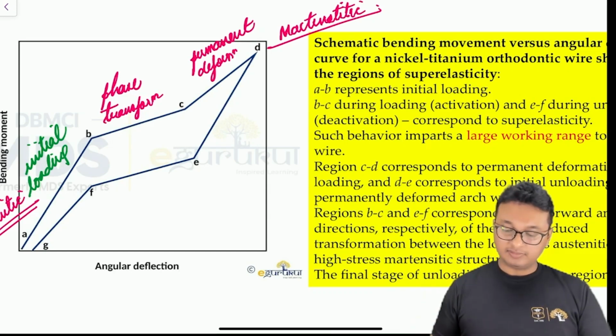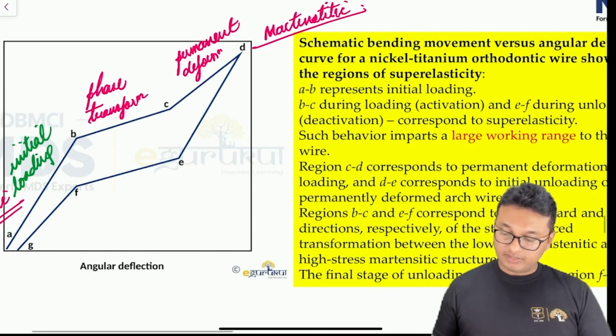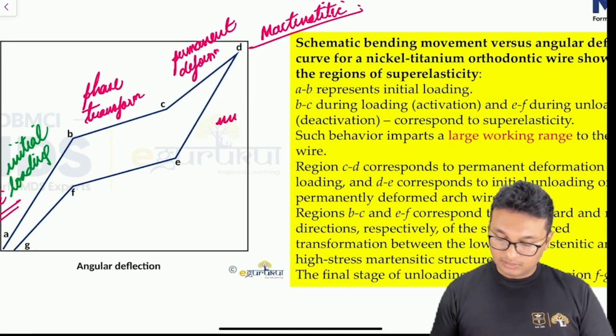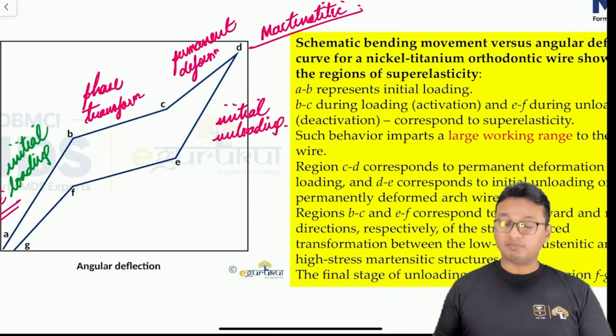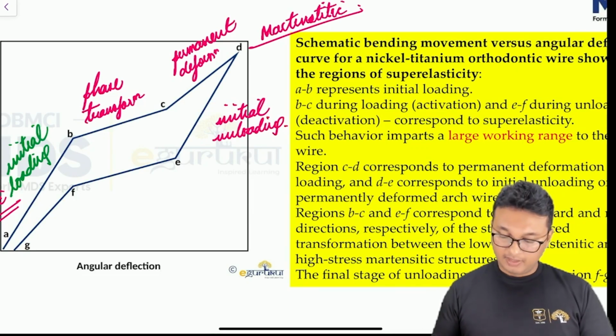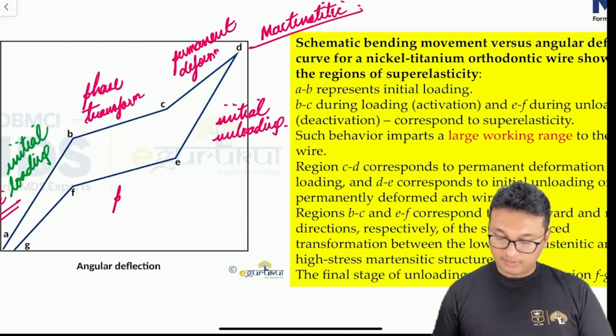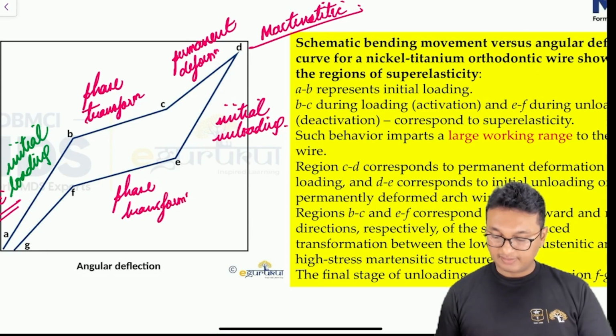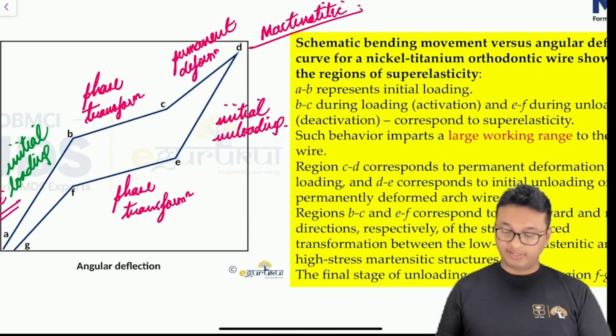So from permanent deformation, the region D to E corresponds to initial unloading. That means martensitic form is getting ready to get converted into austenitic form. Then again E to F, the same process continues, that is martensitic form is getting converted into austenitic form.